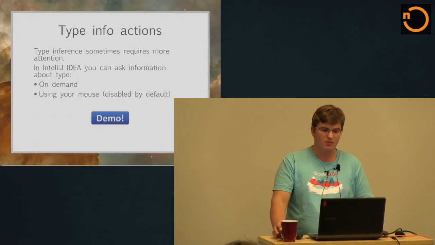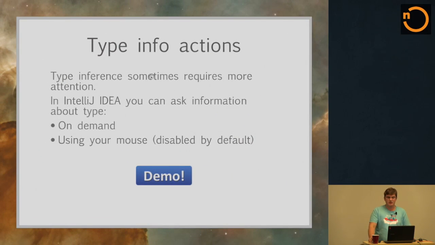Okay, the next feature I want to show you is the type info actions feature. Type inference sometimes requires more attention, not only from the compiler or from the IDE, because you read this code and you need to understand which type exactly some symbol has, and this type is not available in source code.